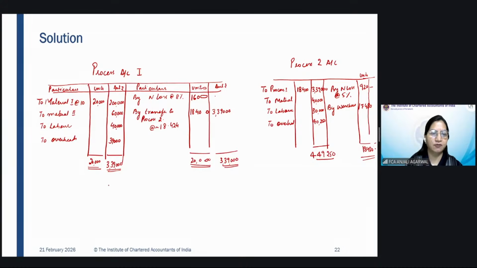So here we don't see any abnormal loss, abnormal gain or anything, not even the scrap realizable value. Despite that, you will see that your formula, total cost minus scrap from normal loss, divided by total units minus normal loss units, will still hold true. 3,39,000 minus nothing from scrap, total units 20,000 minus normal loss units 8%, 1,600.